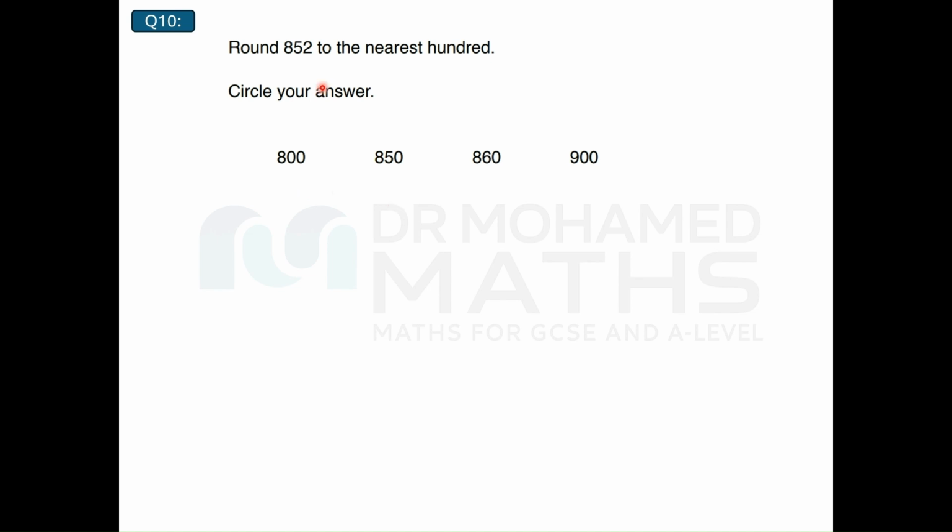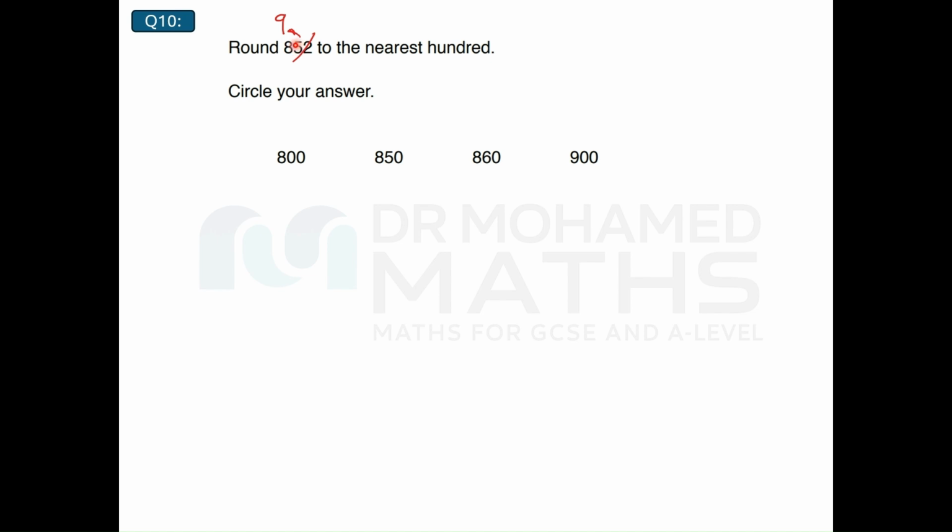Then here, round 852 to the nearest 100. So here it is telling us the nearest 100. That means hundreds places like 700, 600, 500, 400, and so on. And when we look at this one here, this 8 in the hundreds place, then we need to look at the next digit here, which is 5.